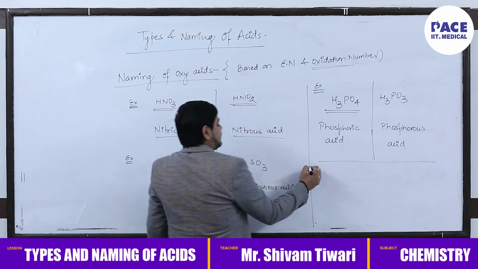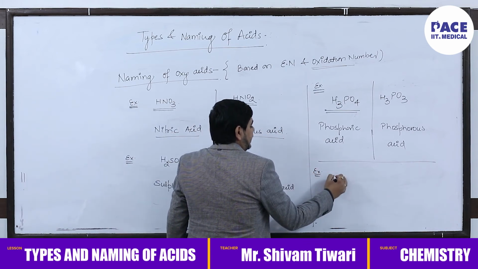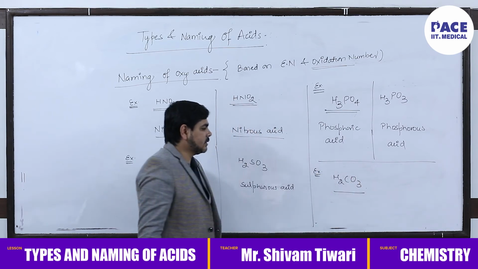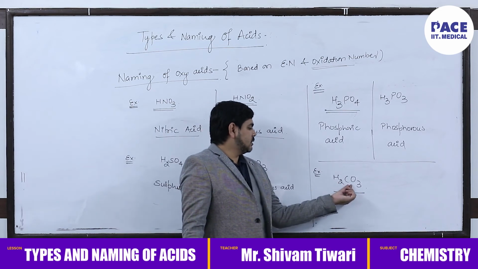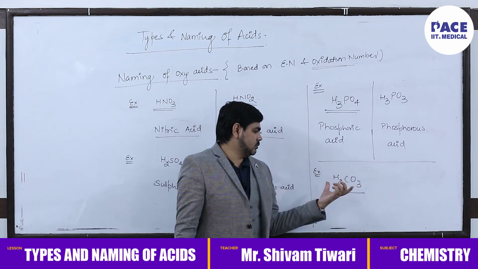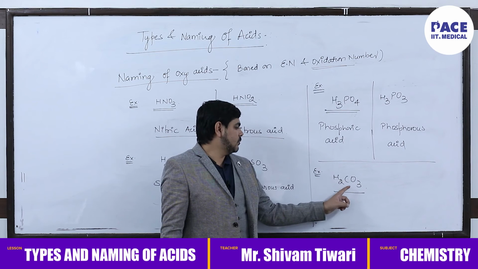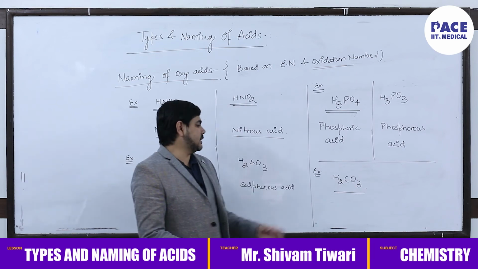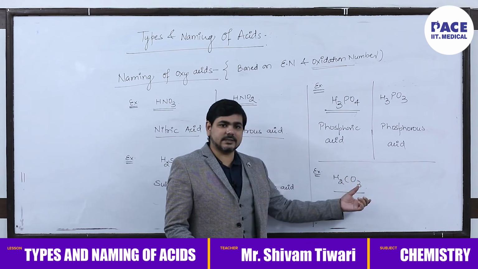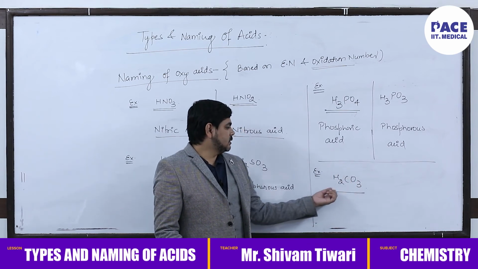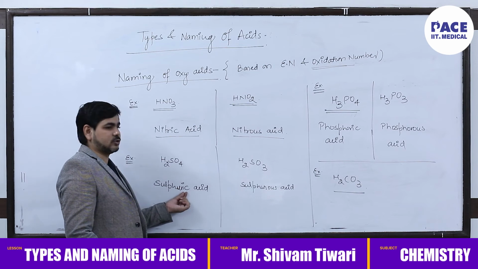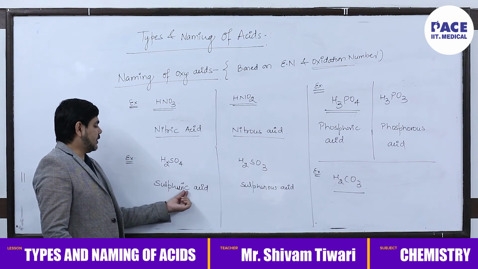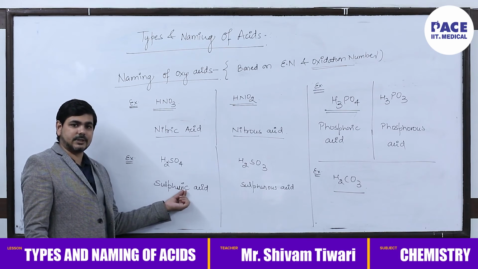Another example, let's say somewhere it is written as H2CO3. For carbon we don't have H2CO2. For carbon we only have one oxy acid, H2CO3. So whether the name is going to be carbonous acid or carbonic acid, you have to understand ic acids are most common. The ic suffix is given when the most common oxidation state is present.